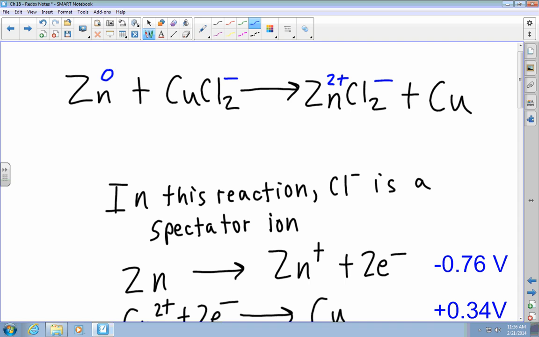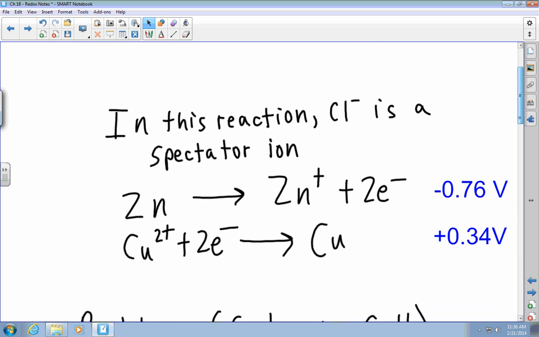And the copper is going on the left side from what charge? 2 plus on the left side, and on the right side, the copper, 0. Yeah, so the zinc's going from 0 to 2 plus, the copper is going from 2 plus to 0. The chlorides are not doing anything, so the chlorides are just spectator ions. They're actually not participating in the reaction.